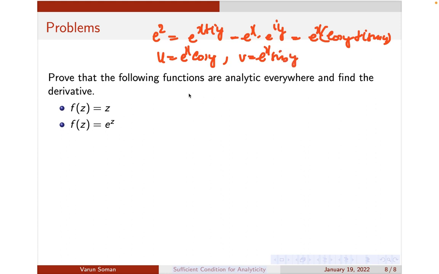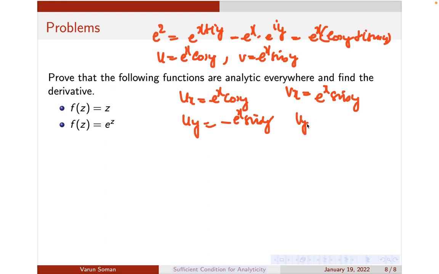Now we can see straight away that ux is e raised to x cos y, uy is minus e raised to x sin y, vx is e raised to x sin y, and vy is e raised to x cos y.